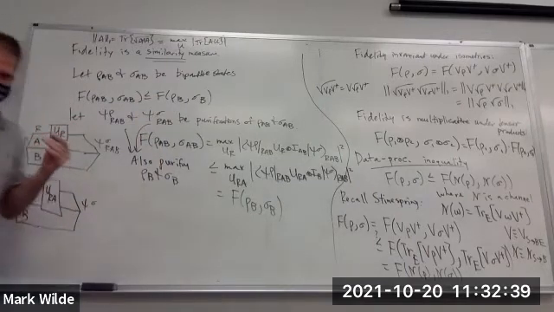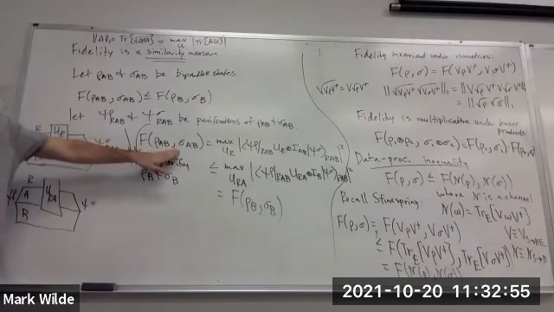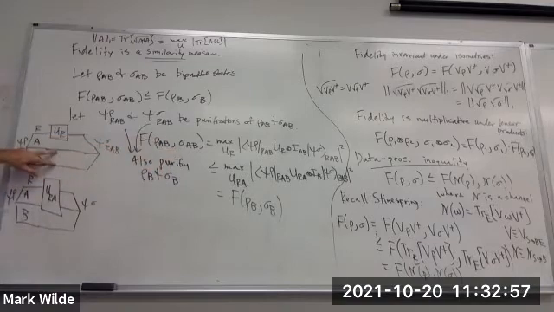Uhlmann's theorem allows us to act on the purifying system of two purifications to make the states similar. The goal is to make one state look like the other, right? And that's what you're doing here with this diagram that corresponds to this fidelity. These are the remaining systems, not the purifying systems.